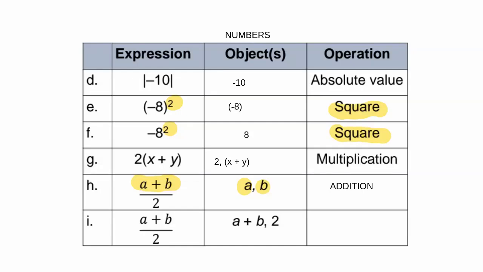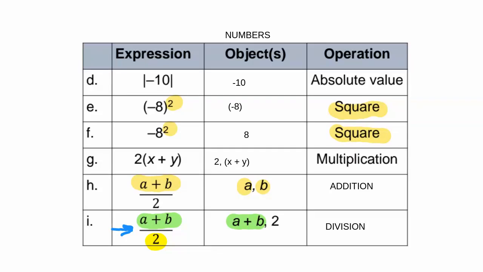Okay. Now, I. Now, notice it says A plus B, comma, 2. Well, what this is saying is that I'm taking the numerator, which is up here, and I'm taking the denominator, which is here. What is happening here? What is the line between? This is going to be division.